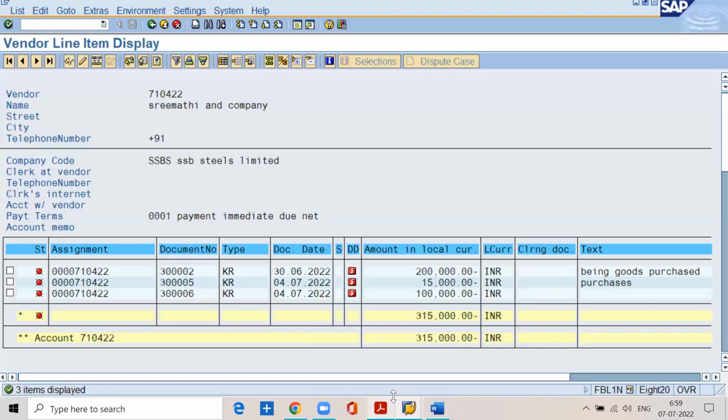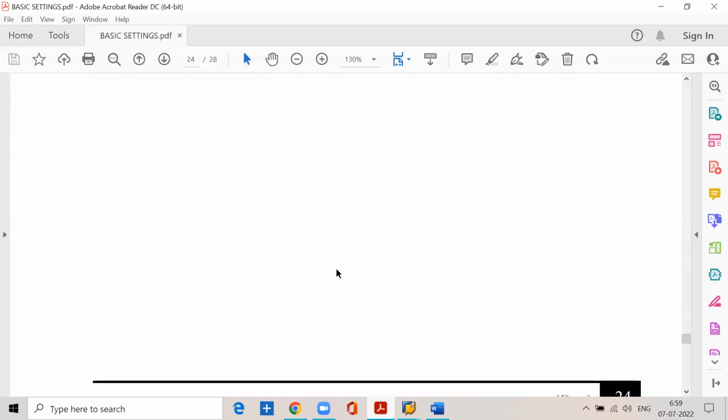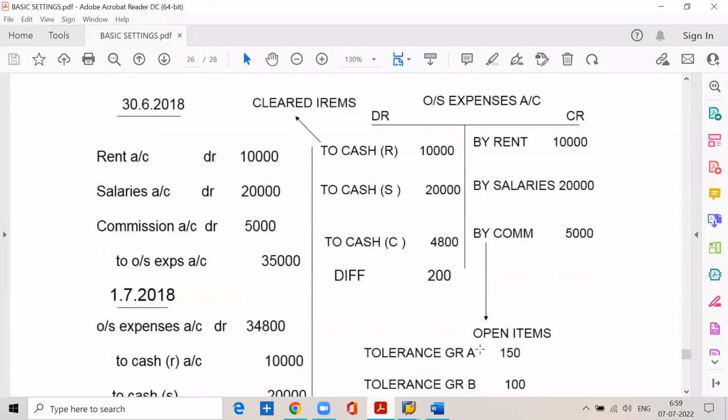That means, for example, tolerance group A can be assigned in the outstanding expense account, outstanding revenue account, prepaid expense account, incomes received in advance account. So one tolerance group can be assigned in any number of GL account master records.